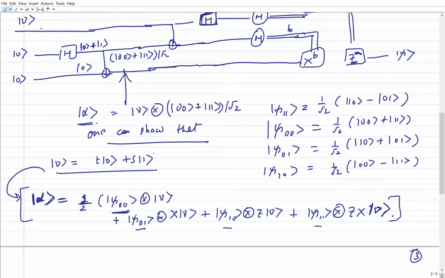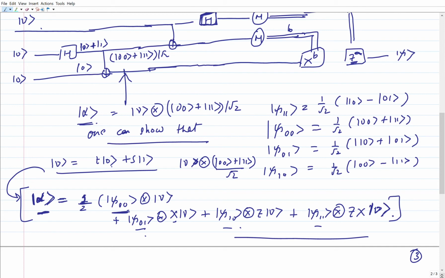So V is this, and this is going to be tensored with the Bell state, and when I expand V in terms of its basis, alpha|0> plus beta|1>, I can write down alpha, the state, as a linear combination over the four Bell states, the four orthogonal Bell states, and at Bob's end, I can express the state in terms of V, and X and Z applied to V, which essentially, well, V is nothing but alpha|0> plus beta|1>, and so on and so forth.